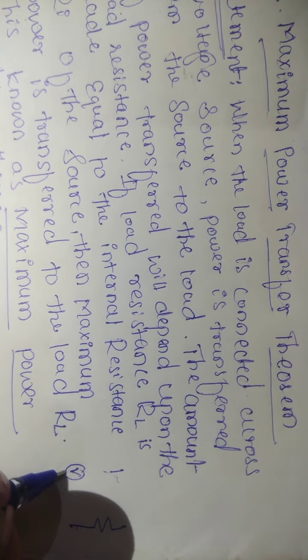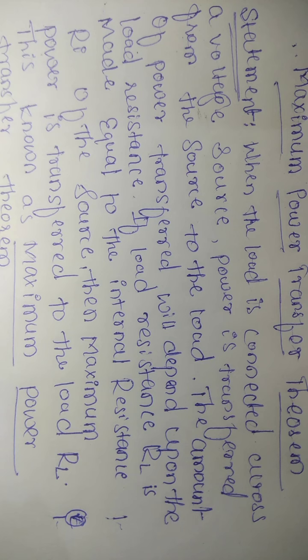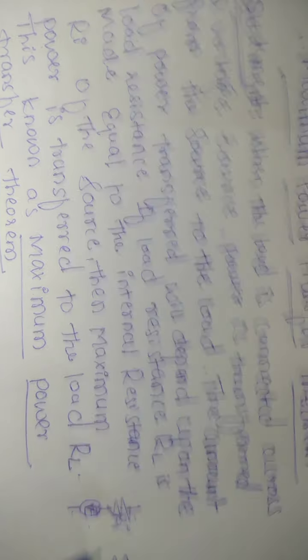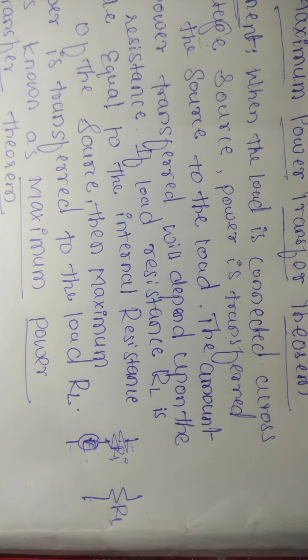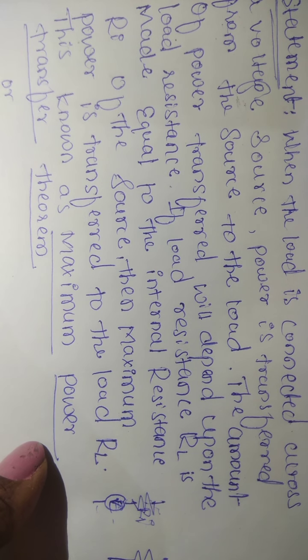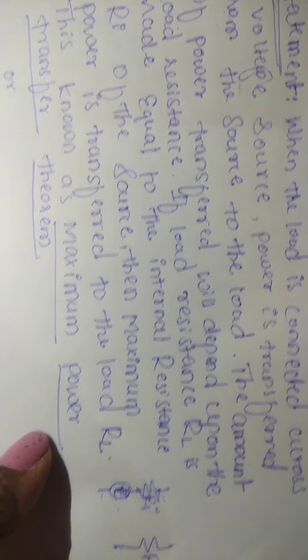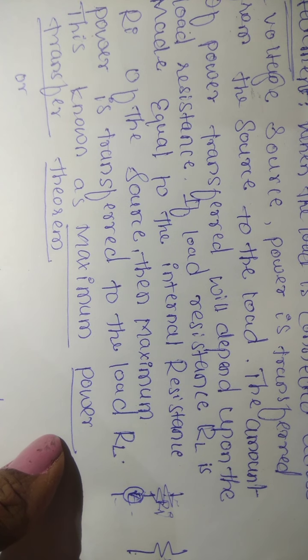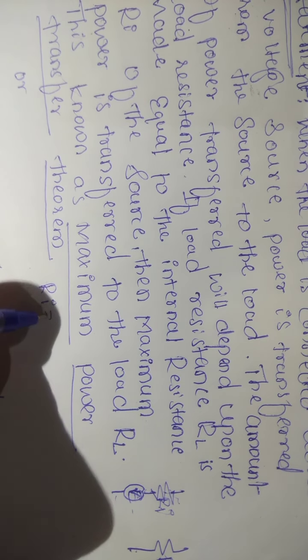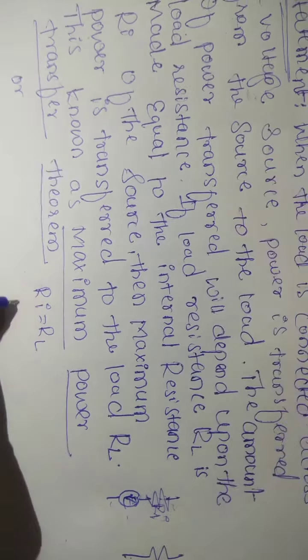The amount of power transferred depends upon the load resistance. If the load resistance RL is made equal to the internal resistance RI of the source, then the maximum power is transferred to the load RL. That means RI equals RL, which we can prove from this theorem.